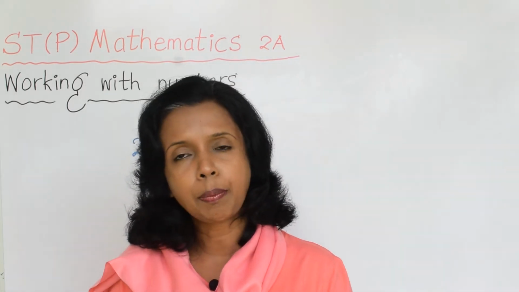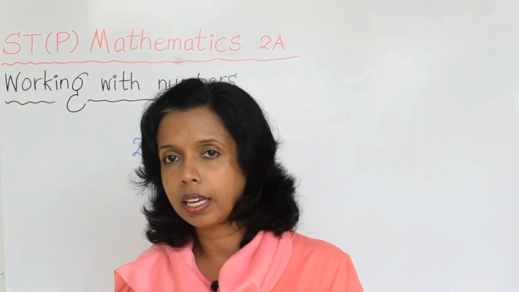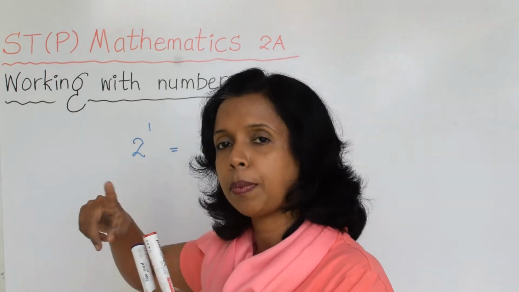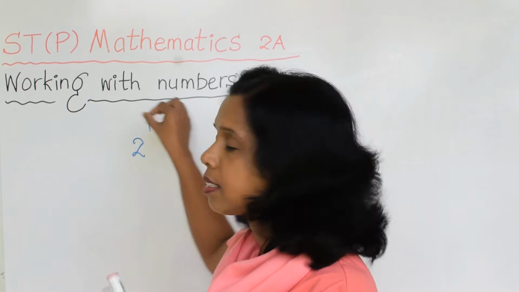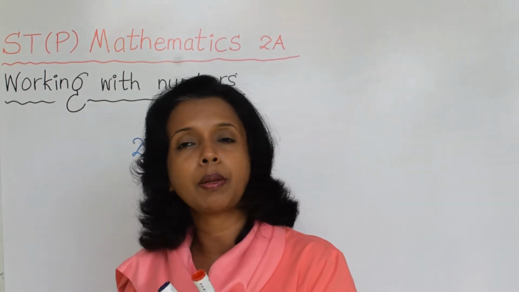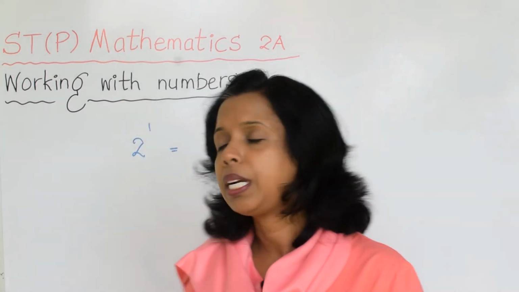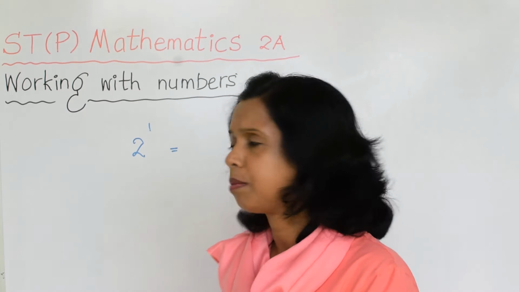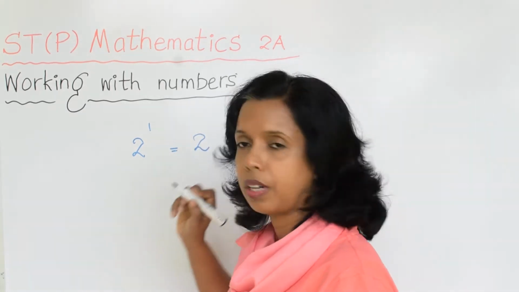According to the definition I gave you, it is 1 time. If it is 2, you multiply the base value 2 times. If it is 3, you multiply the base value 3 times. If it is 4, you multiply the base value 4 times. But here it is 1 time, so the answer is 2, children. Right?